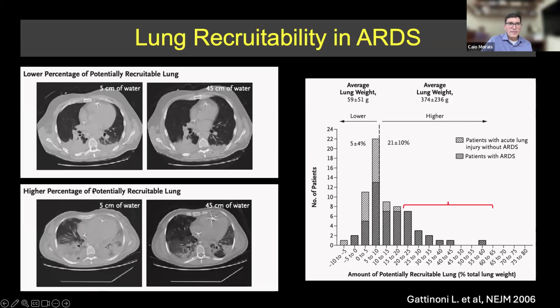But for some patients, even increasing PEEP up to 45 is an intervention that is unable to recruit. So we have patients with different responses. And if you have only the global parameters of the ventilation settings, we can't distinguish if the posterior part of this patient was recruited or not.